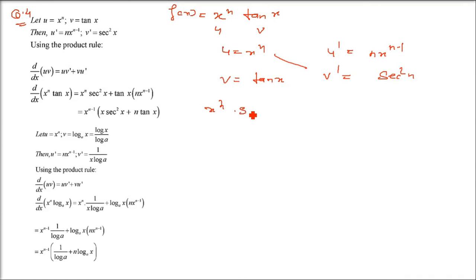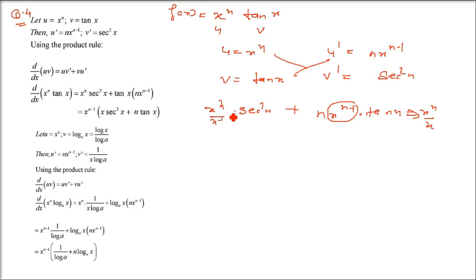Okay. Let us do the cross multiplication. Let us say that we are cross multiplying. So u v dash and v u dash. So this is x raise n. You can take x raise n minus 1 common. It is always better to take x raise n minus 1, because nothing will come in the denominator, everything will come in the numerator.